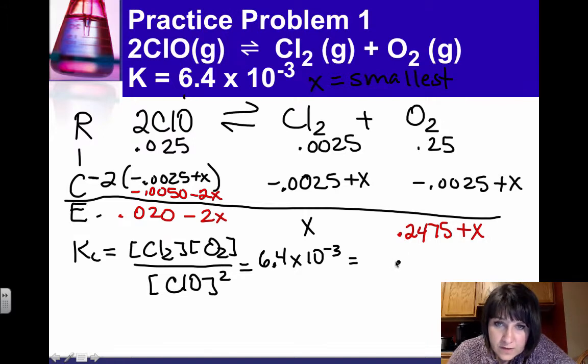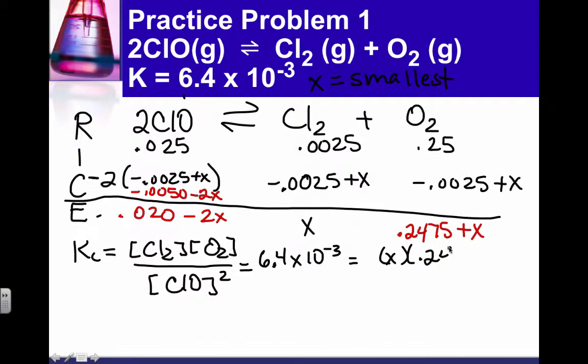It's also equal to, let's put our equilibrium values in, x times 0.2475 plus x all over the quantity 0.020 minus 2x squared. And since I have a small value of K, I can use the small x assumption.